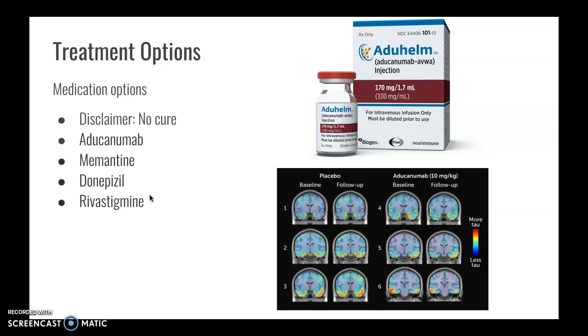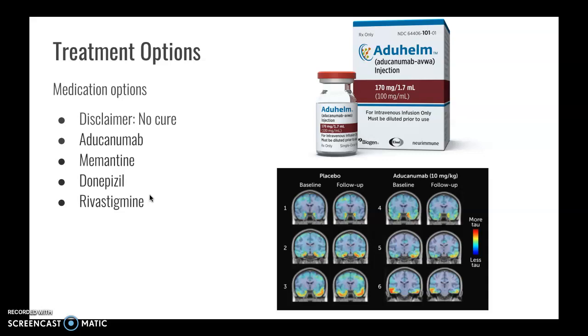Some options are disease-modifying drugs, such as aducanumab, a disease-modifying medication currently approved to treat Alzheimer's. This medication is a human antibody that targets the protein beta amyloid and helps to reduce amyloid plaques.